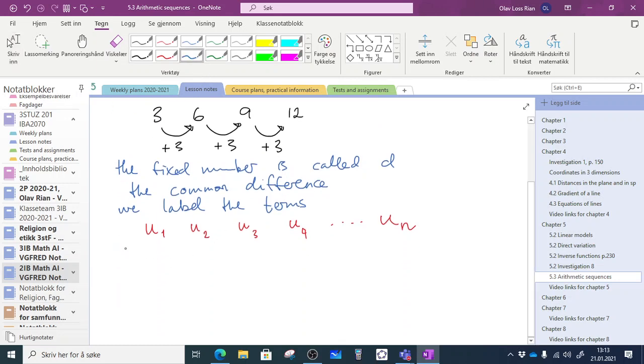For example, if I write the sequence 1, 2, 3, 4, 5, 6, and so on, the first term is 1, and the common difference is also 1. This happens to be the sequence that we also label N, or natural numbers.